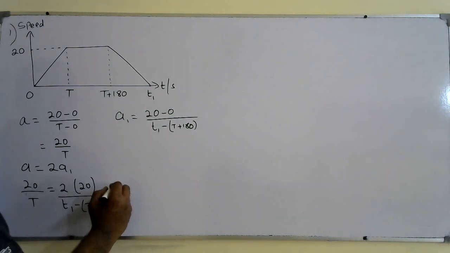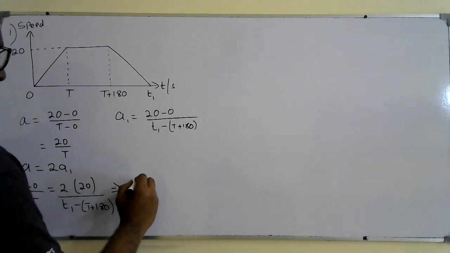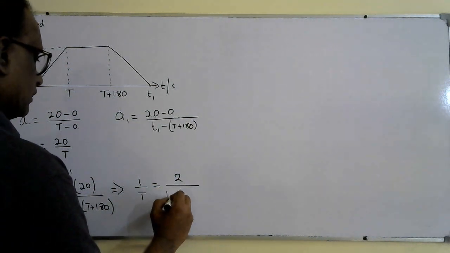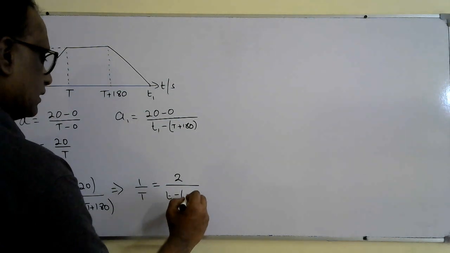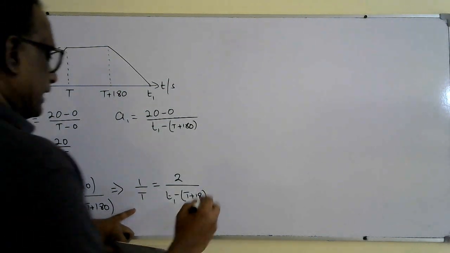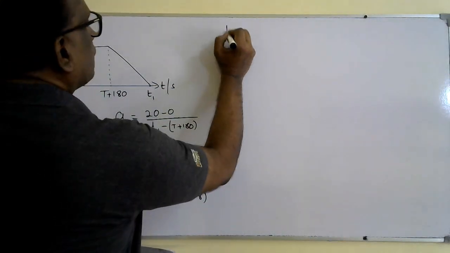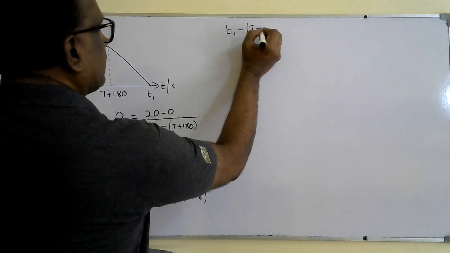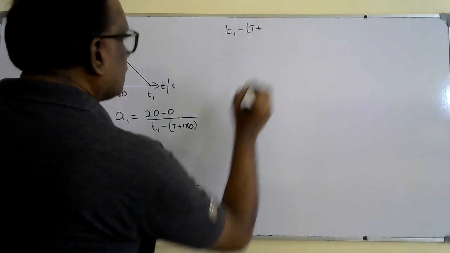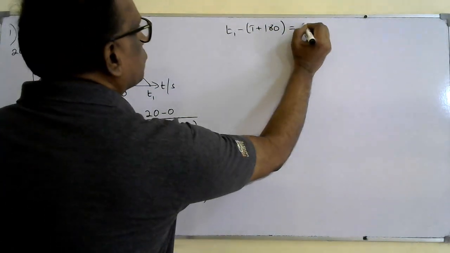Okay, now solve this. 20 over t equals 2 times 20, that is 40, so 1 over t is equal to 2 over (t1 minus (t plus 180)). Cross multiply, so that will become t1 minus t minus 180 is equal to 2t.